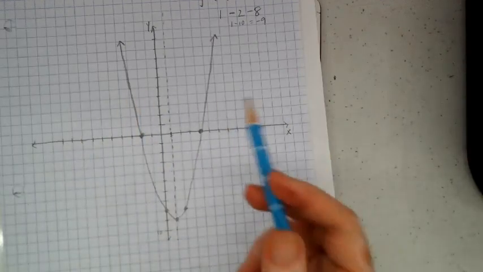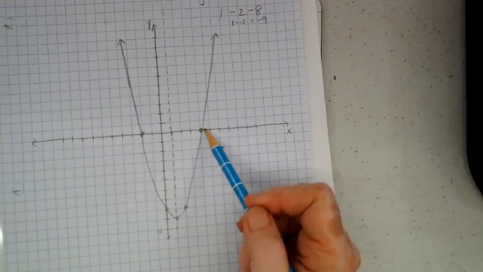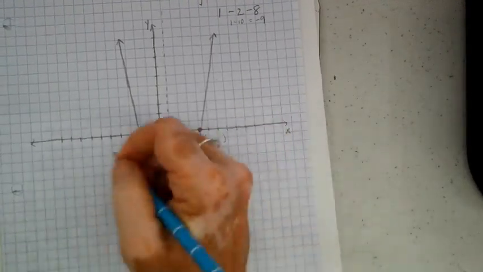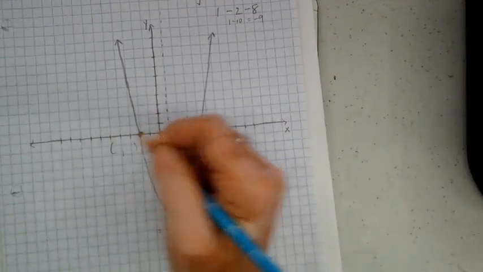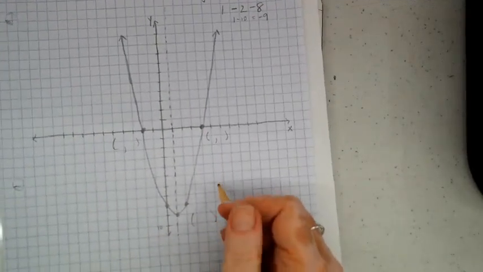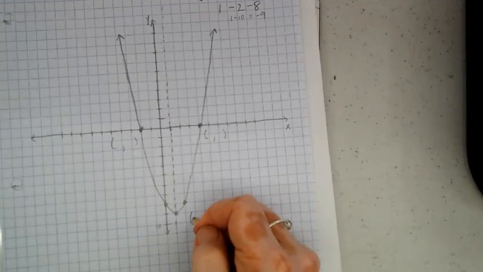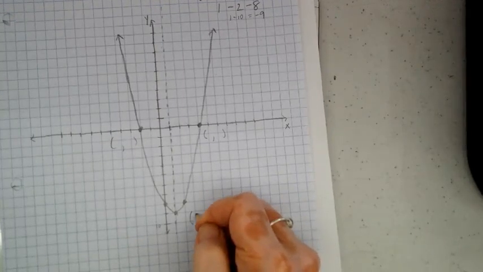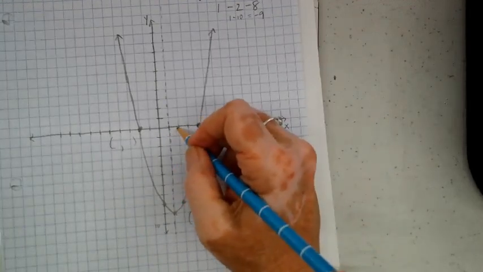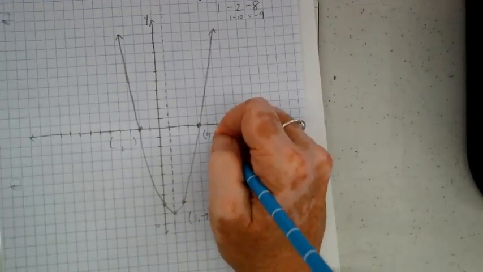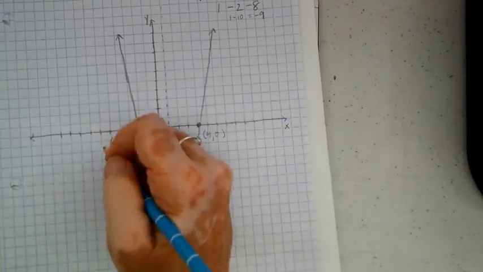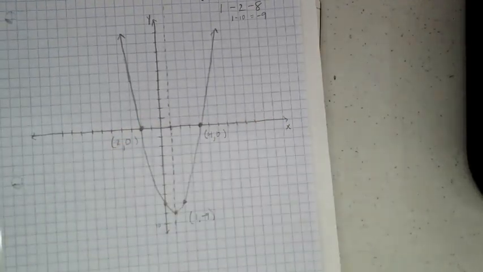I'm scaling by 1. If I wanted to, I could go in here and give some ordered pairs. My vertex is 1, -9, and then this is 4. Something like that. So there's my complete graph.